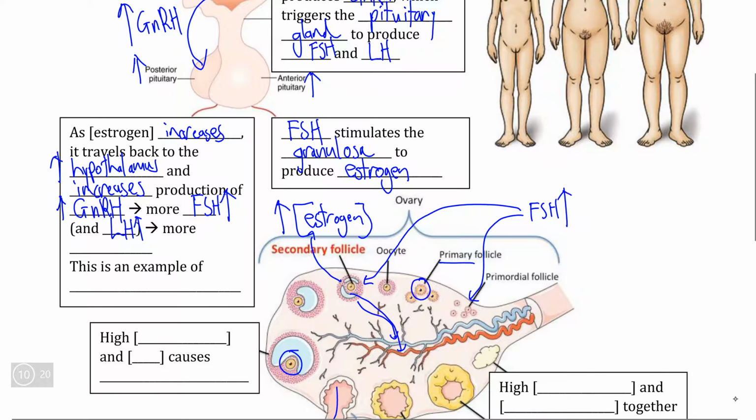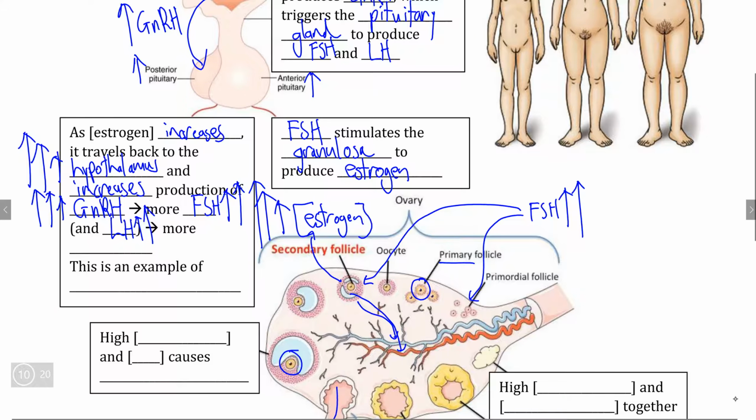Now, more FSH is going to stimulate the granulosa to produce even more estrogen, which can make it back to the hypothalamus more easily, increasing activity of the hypothalamus, therefore making more GnRH, therefore more FSH and more LH, and more FSH means more granulosa stimulation to produce even more estrogen, which can make it back to the hypothalamus to increase its activity, therefore meaning more GnRH, etc., etc., etc.